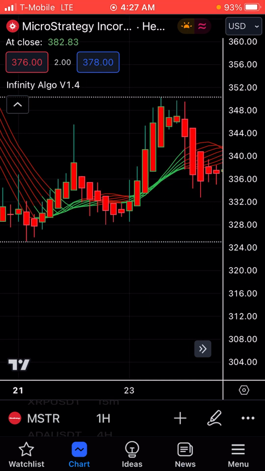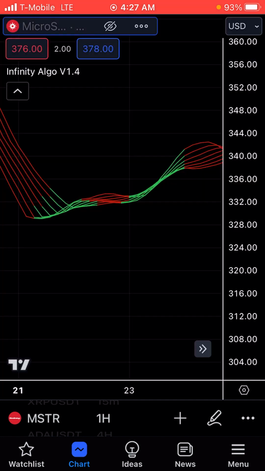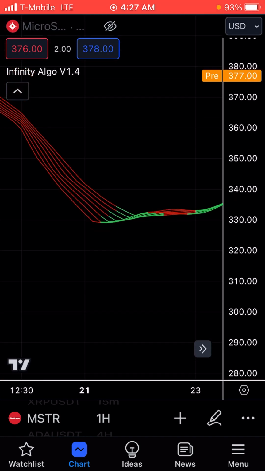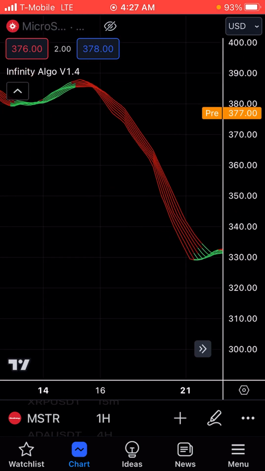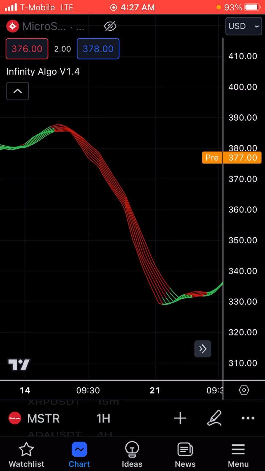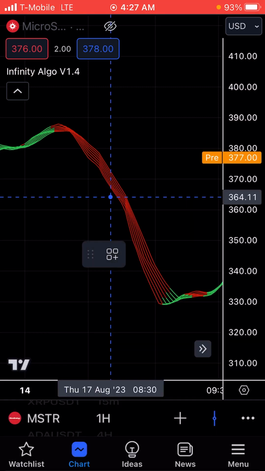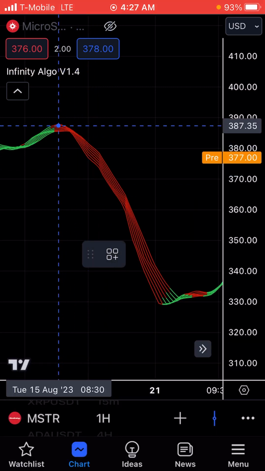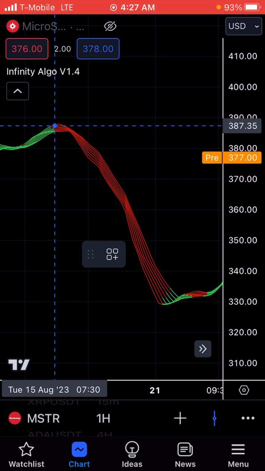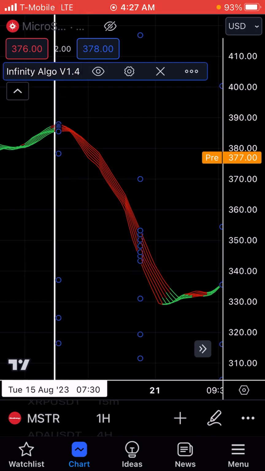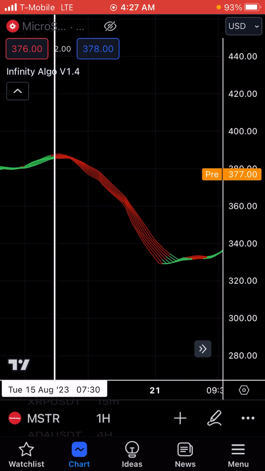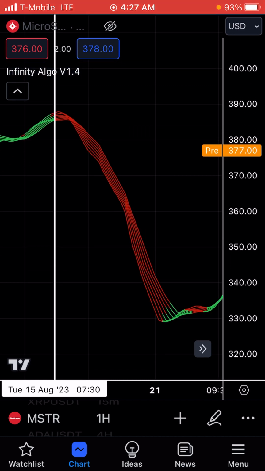Let's turn off the candles. Let's do this big one right here. Obviously, this is probably a profit zone, but let's draw the line. Right here's when they all turn red. Now I basically would find zones for a day.